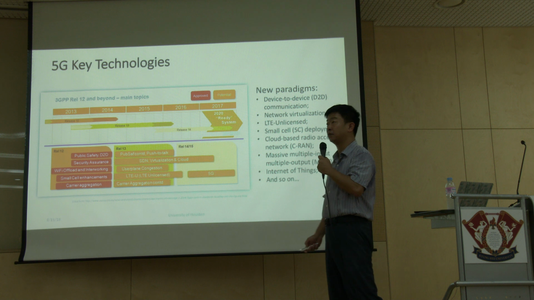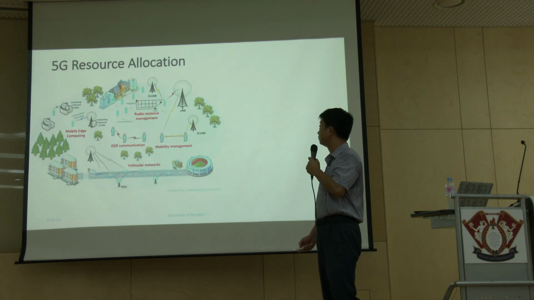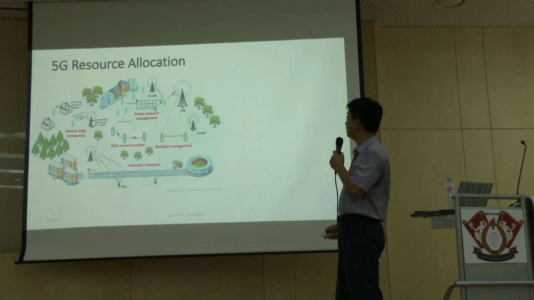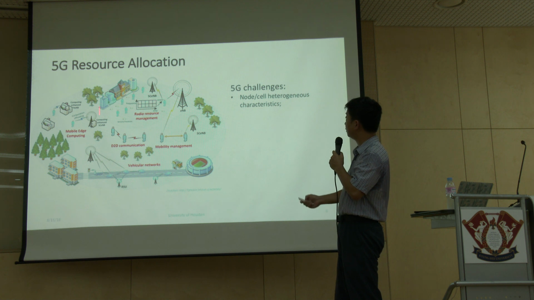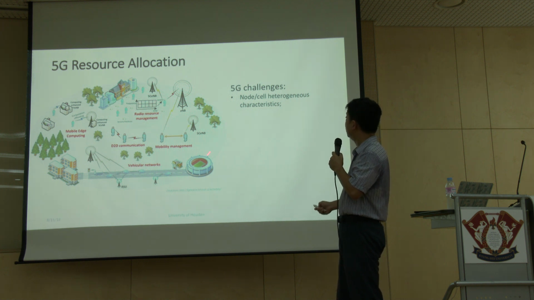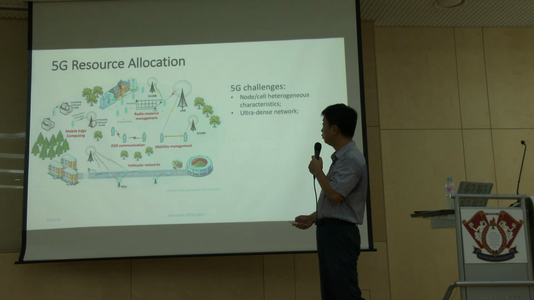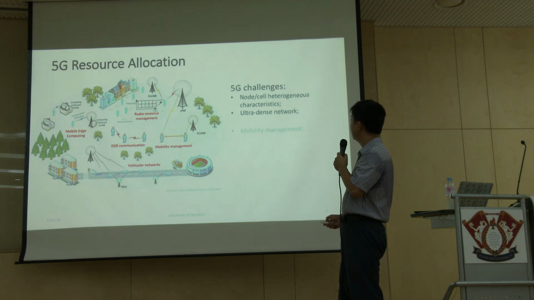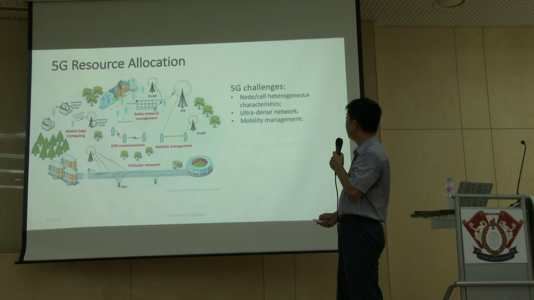So 5G is more like a buffet. And for 5G, this calls a 5G challenge because you can have all kinds of different types of communication. They have a very heterogeneous character. And also, sometimes you have ultra-dense networks, especially for IoT, and mobility management.